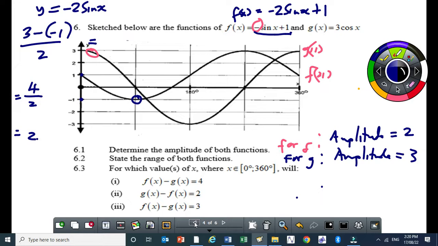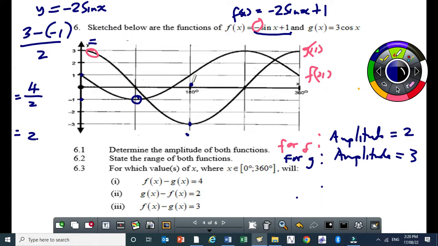Yes. So it's here. g is minus 3 here and f is 1 here. What is 1 minus minus 3? 4. So it means the answer here should now be x is equal to what? 180.